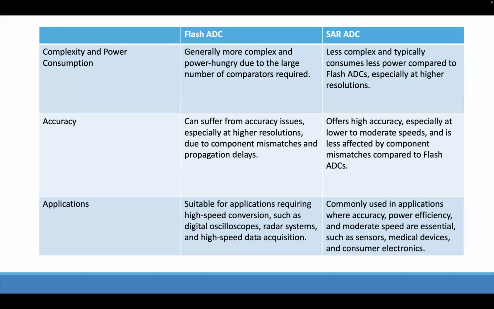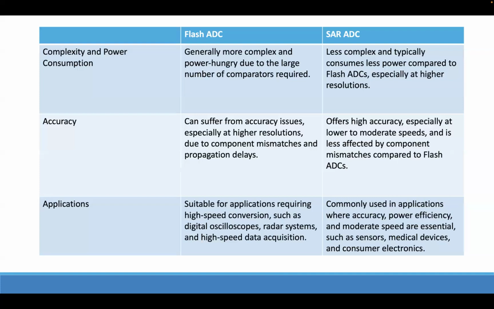Maybe one of the comparators has noise, has a delay, or has other electronic issues. So it has less accuracy compared to the SAR, which has a high accuracy compared to the flash.